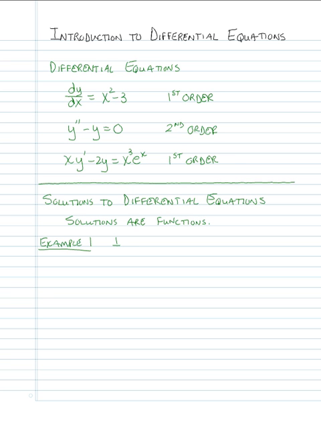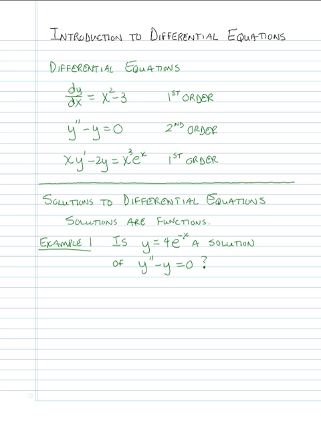So as our first example, the question is this: is y equals 4 times e to the negative x power a solution of y double prime minus y equals 0? That's the middle differential equation up there. As I said, we expect solutions to be functions or equations, if you will.